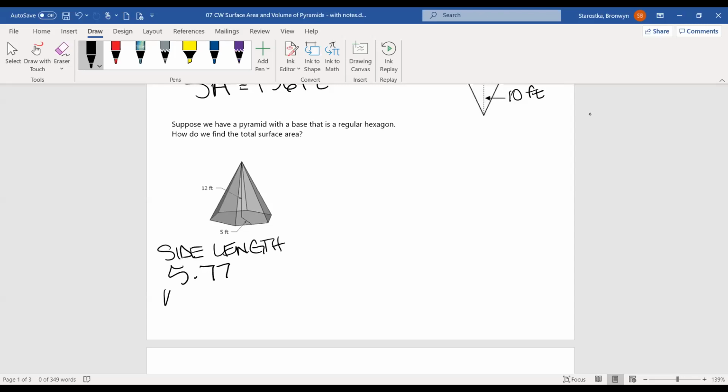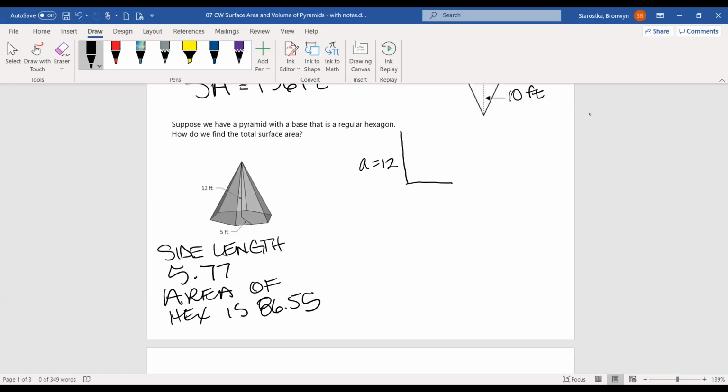And the area of the hexagon is 86.55. So what are we doing here? Notice how we have a triangle inside where A equals 12.